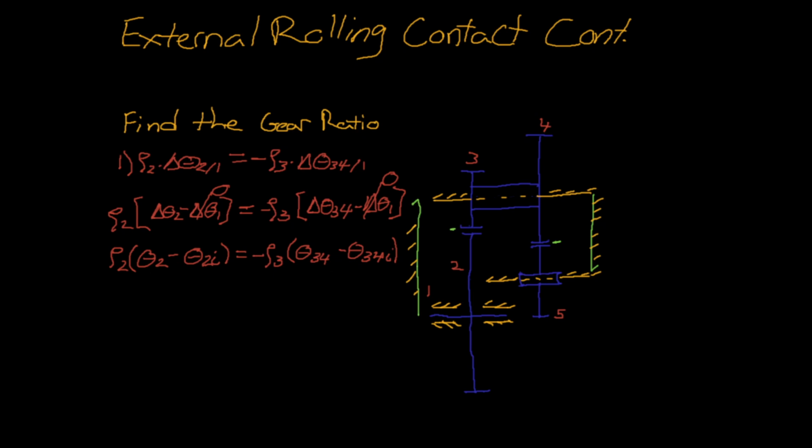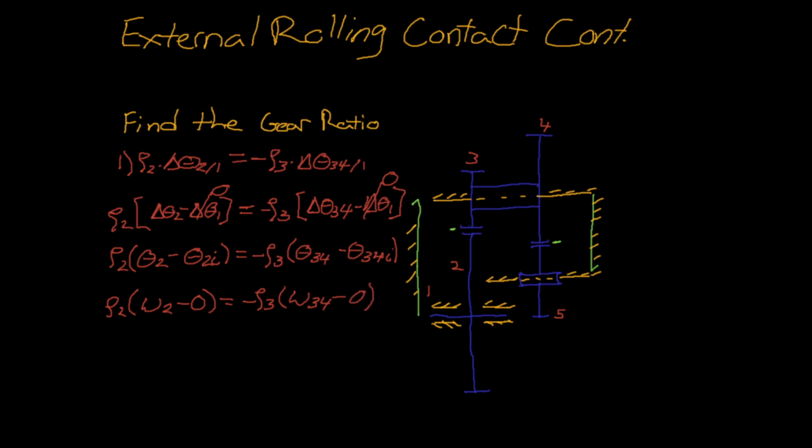Differentiating gives us ρ2 times the derivative of theta 2 with respect to time, which is the speed omega 2, and theta 2i is a constant, so that would be 0, which is equal to minus ρ3 times the derivative of theta 3, 4, which is the angular speed omega 3, 4, minus theta 3, 4i is also a constant, so that would be 0.